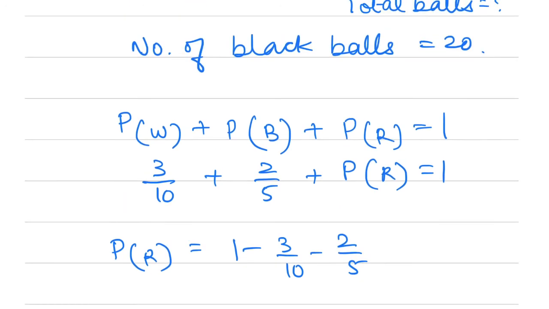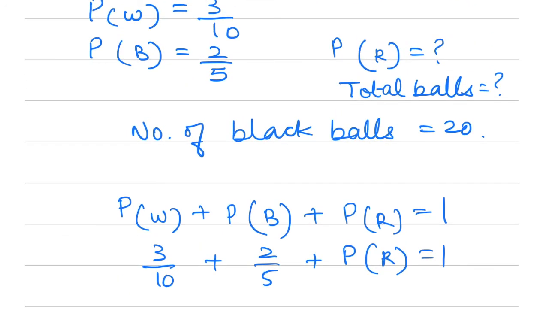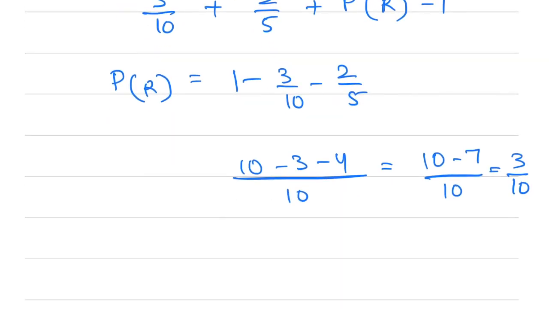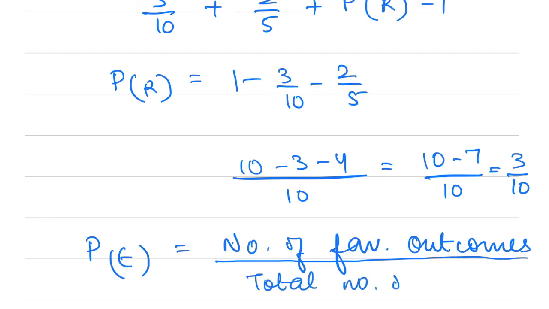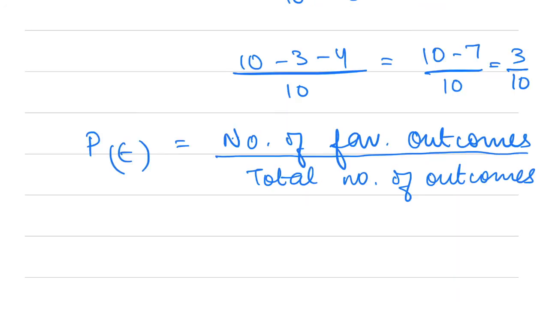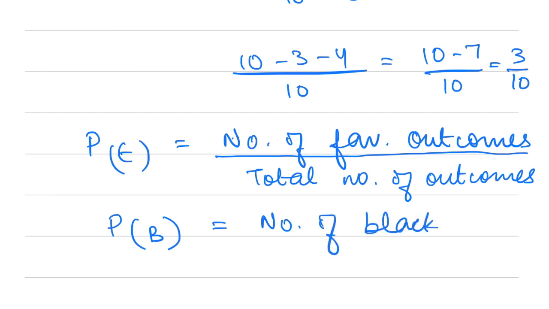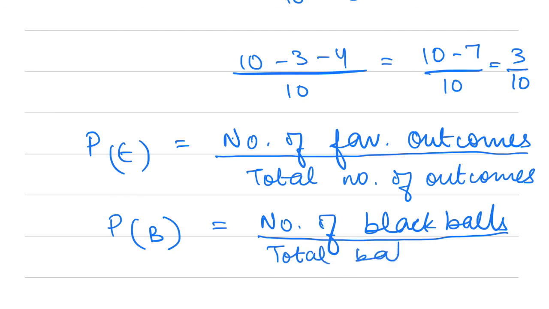Now we have to find the total number of balls. So black balls are 20. We can use that probability. So we can write down the formula for probability first. Probability of an event is number of favorable outcomes by total number of outcomes. So probability of getting a black ball is number of black balls by total number of balls.